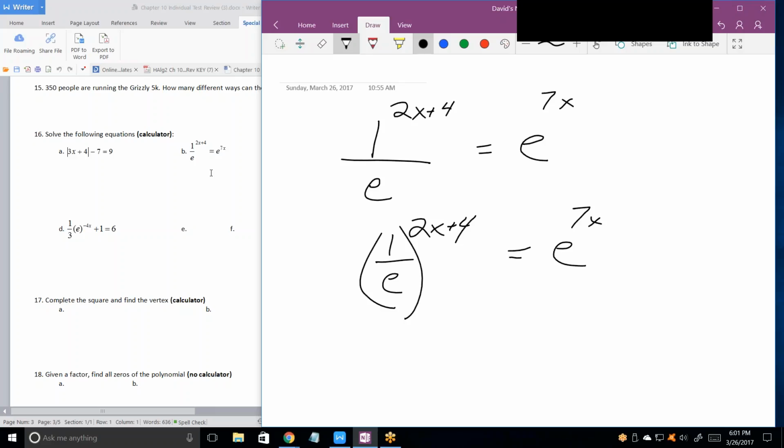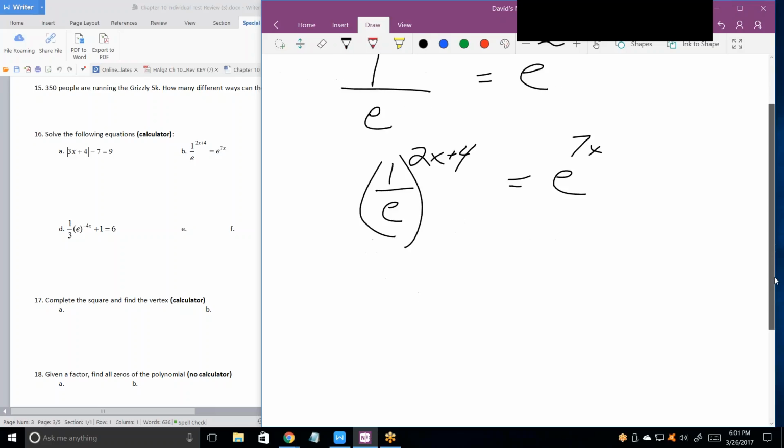So it's going to make quite a big difference. Whereas in the second row, when I put that 1 over e in parentheses, now the 2x plus 4 applies to both the 1 and the e. That's what she meant, the second one.